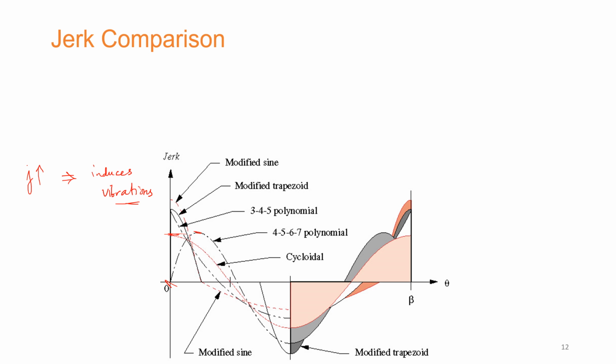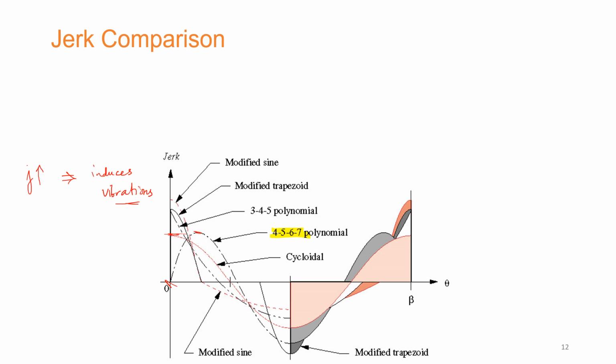So the 4, 5, 6, 7 polynomial is unique in the sense that it starts from a zero value of the jerk. So there is no discontinuity in that sense over here, which would mean that it is not going to have that many induced vibrations in the follower motion.